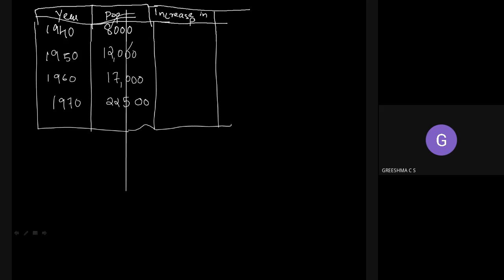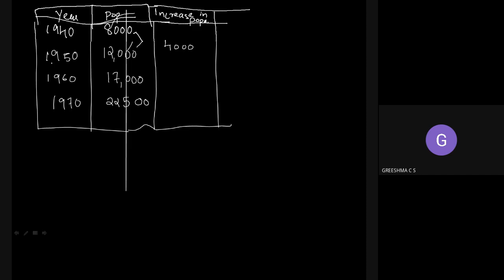With respect to 1940, what is the increase in the population in the year 1950? That is 12,000 minus 8,000, which is 4,000.